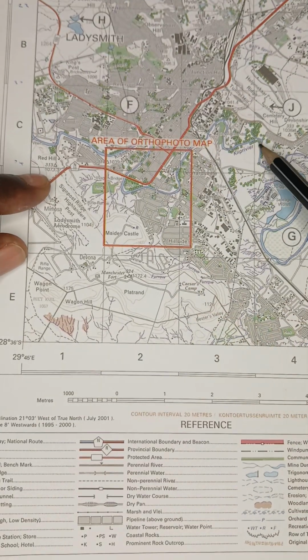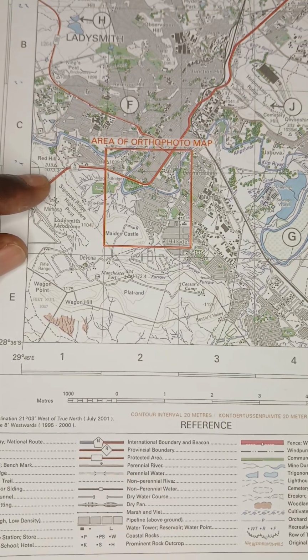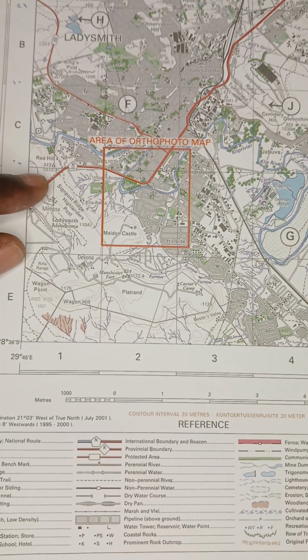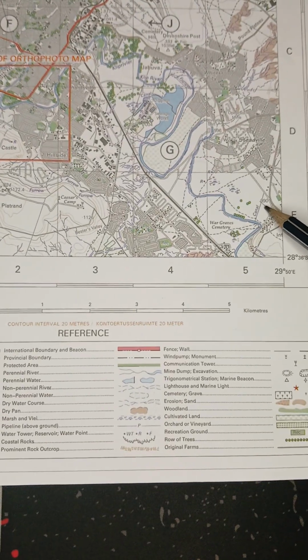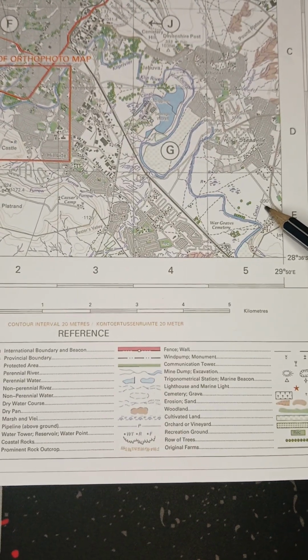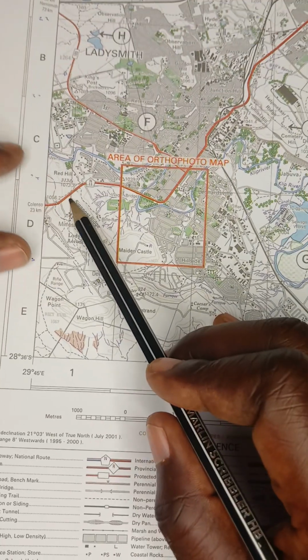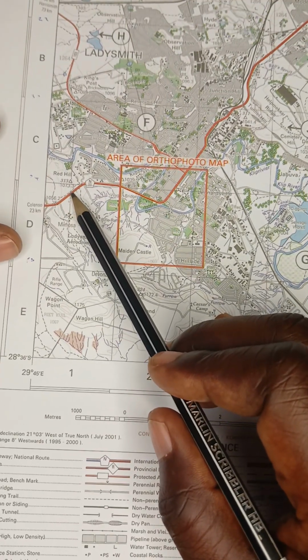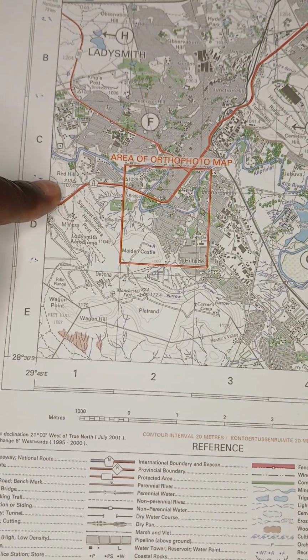It's meandering, of course. Then it goes down here. If you check here, there's a spot height which is about 990 meters. From where it's coming from, you can see here is 1073.3 meters, which suggests that this is where it's starting and it is heading towards this direction.